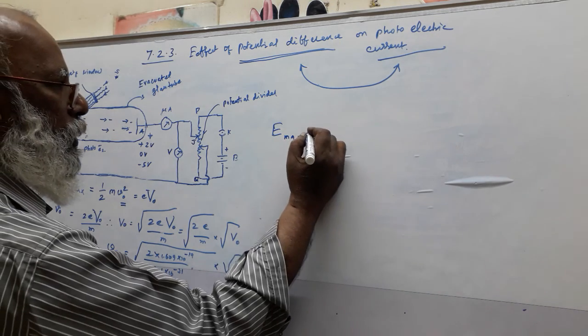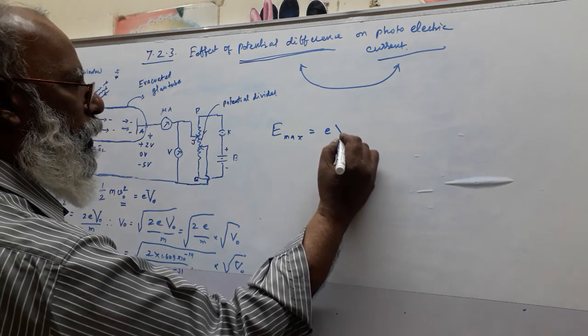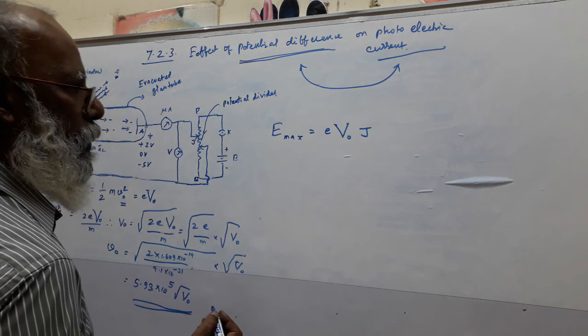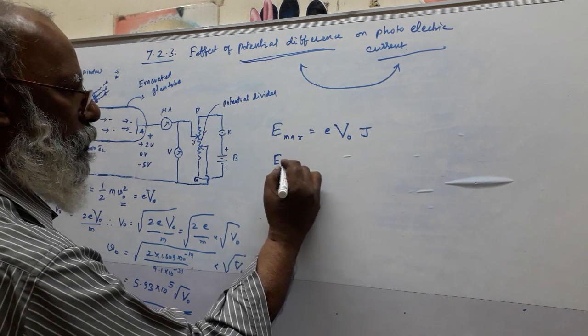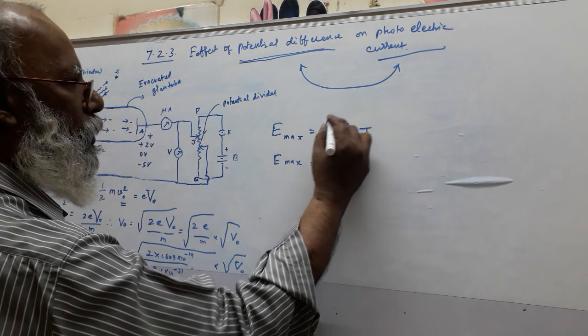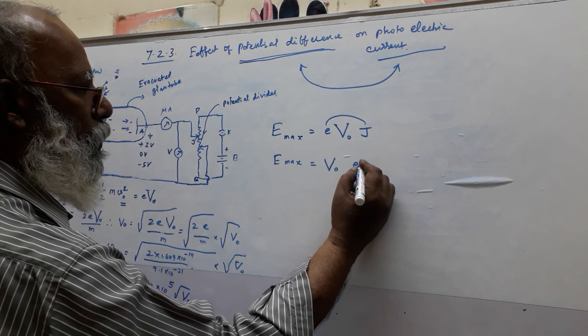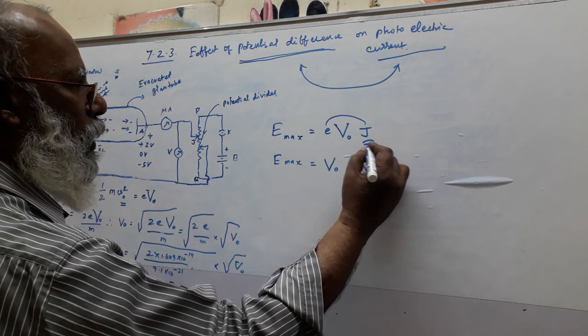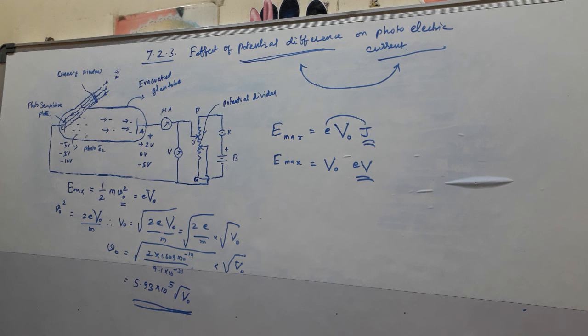E maximum is equal to eV0 joule, or E maximum equals V0 when both combined, then electron volt is the unit. These are two fundamental equations, very useful to answer 1 mark questions and also for attending the NEET exam.